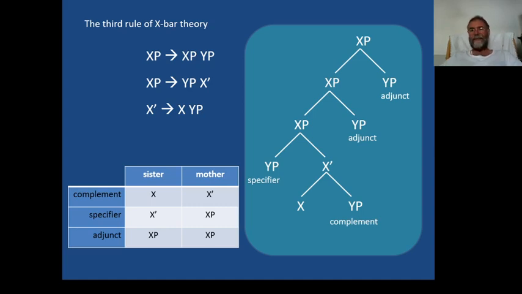The adjunct is again different from that because although its mother is an XP, its sister is an XP. That's why it's recursive. Its mother and its sister are the same thing. So given that you've got a sister which is the same thing as the mother, that can also have the same structure, and that will be a recursive thing. Okay, so this is how we can define these positions as unique to these elements, and these elements all have different properties.